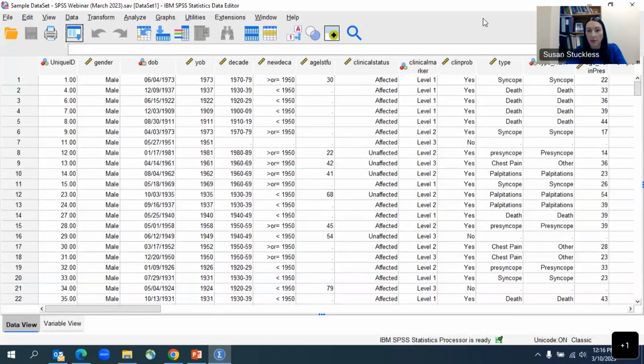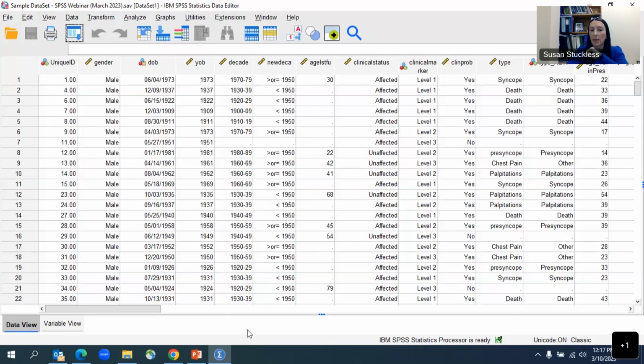So I apologize, I have a few notes made for myself because I'm going to try not to miss everything as I'm going through. I will just start off by saying, I don't know how many of you are familiar with using SPSS. This database is just a made up database, not relevant to anything, but we could assume it was set up at a cardiac clinic where patients were referred, and we were looking at age at first clinical presentation.